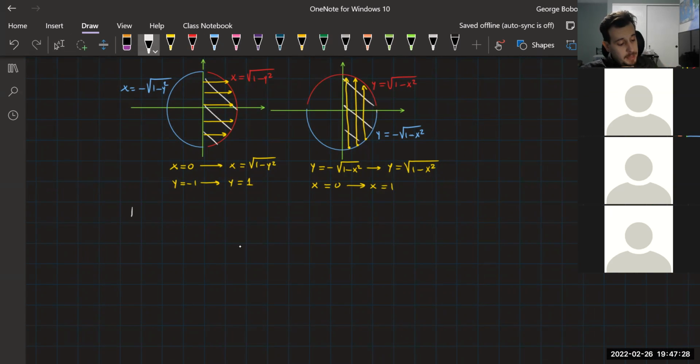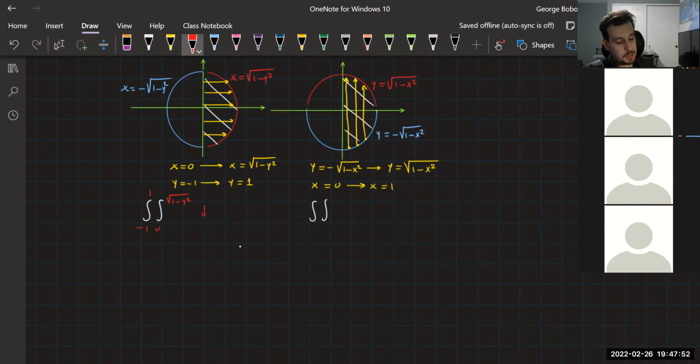Okay, so now the integral, one way we can write it, and another way here. We have two of the answers, not the third one yet, but two ways that we can write these, the inner one always being the variable one, remember. So we're going from 0 to root 1 minus y squared, and then from negative 1 to 1.